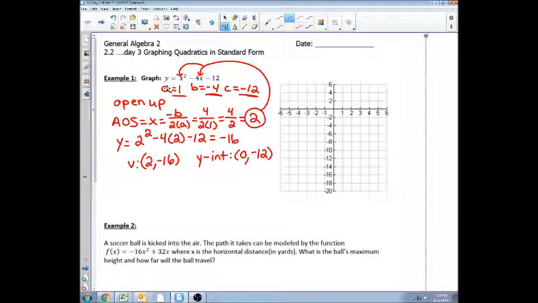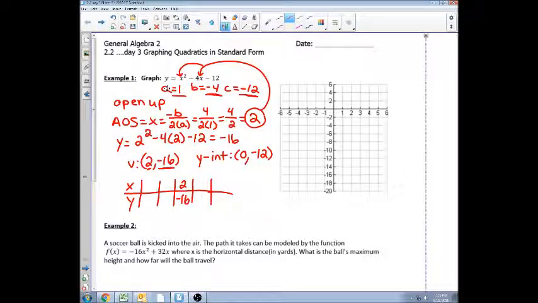All right? Finally, we need to make a table just like we have since day 1 of vertex form. So I have my x value, my y values. 1, 2, 3, 4, 5. Okay? I will put my vertex in the center. It is 2 for my x. It is -16 for my y.